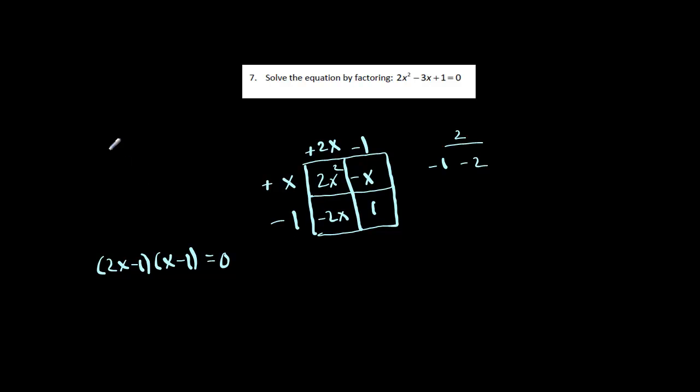If I set 2x minus 1 equal to 0, I add 1 and divide by 2. I get x is 1/2. If I set x minus 1 equal to 0, I add 1, I get x equals 1. So my solutions are 1/2 and 1.